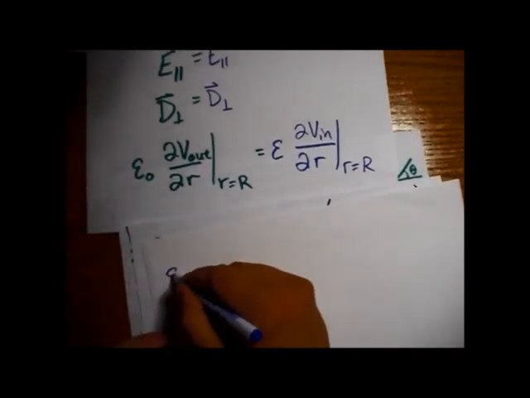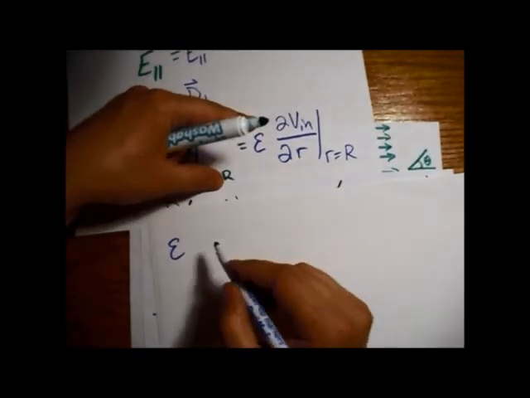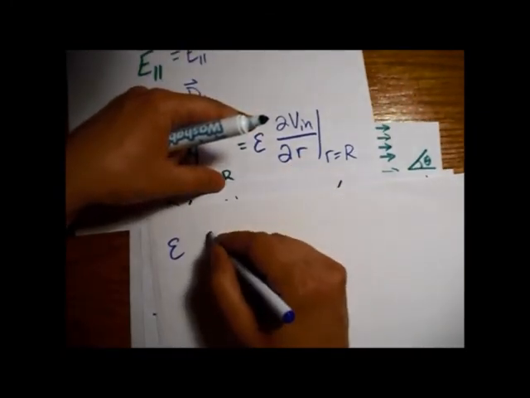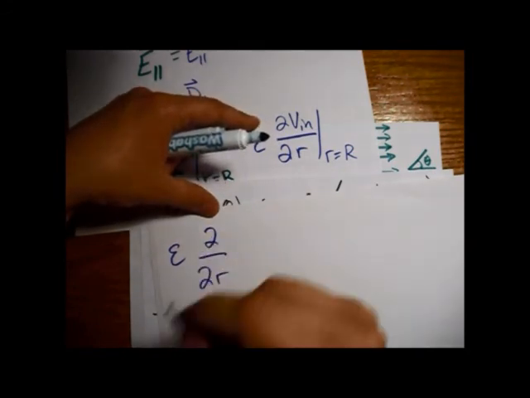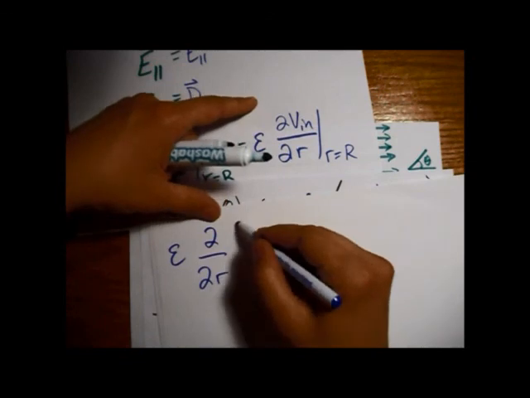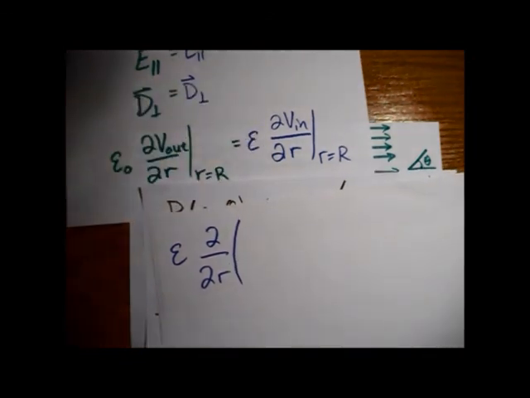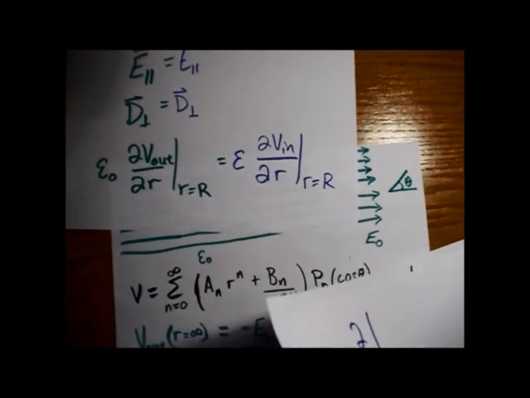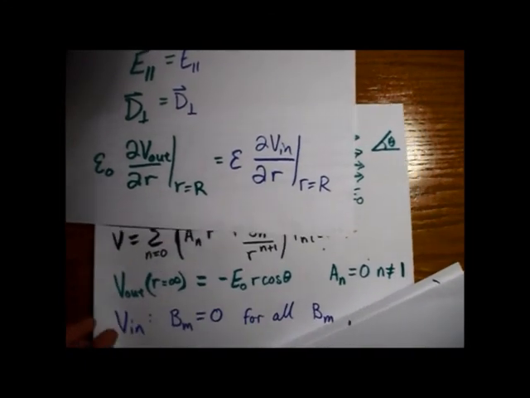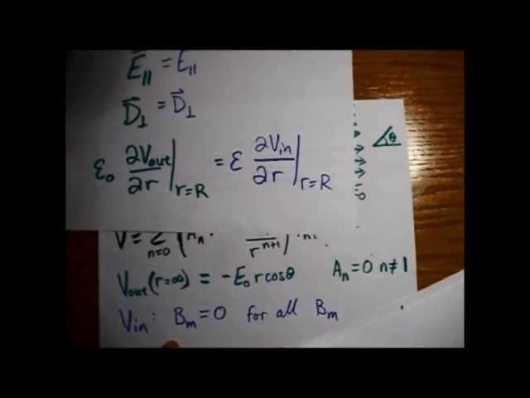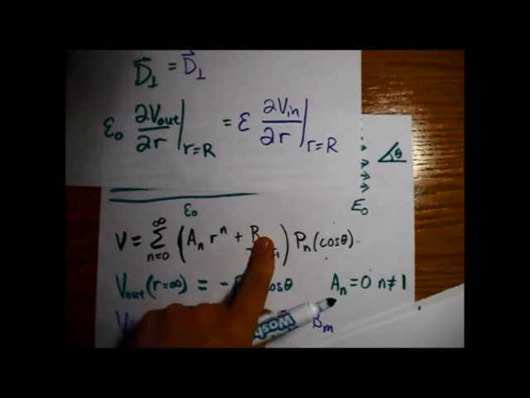So on this side we have our dielectric constant, so we're looking at this side again, all right? And I'm going to write this derivative out here and put in our equation for the V in part, right? So all that was happening in this one where all the b's go to 0.